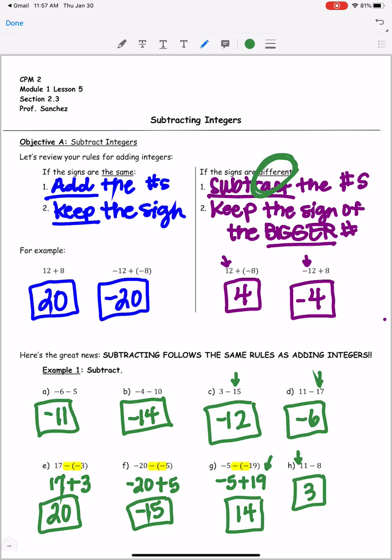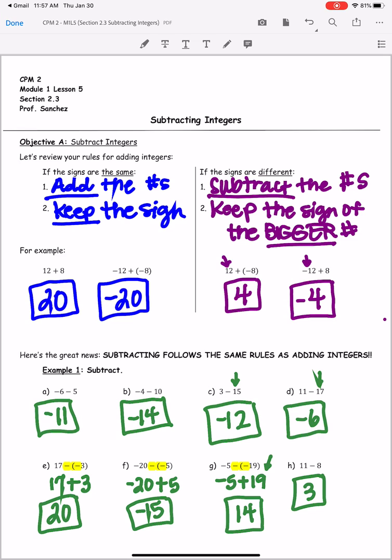You've got a positive 11, since nothing's in front, a negative 8. So you subtract, which is 3, keep the sign of the bigger number, which is 11, right? But that's normal subtraction we've been doing for years, so it's hard to not second guess yourself, right? When we get all these rules, all these positives and negatives. Okay, so you can use that rule, but that's just what we've been doing for a while now.